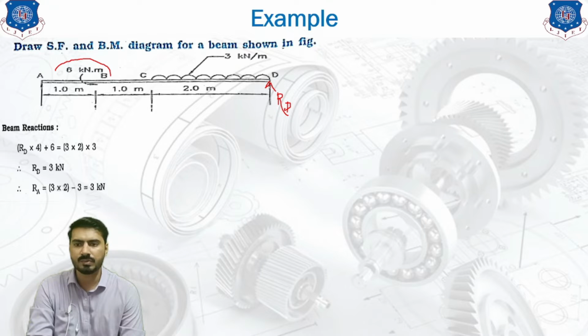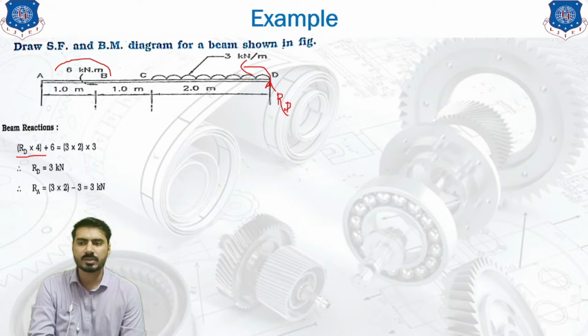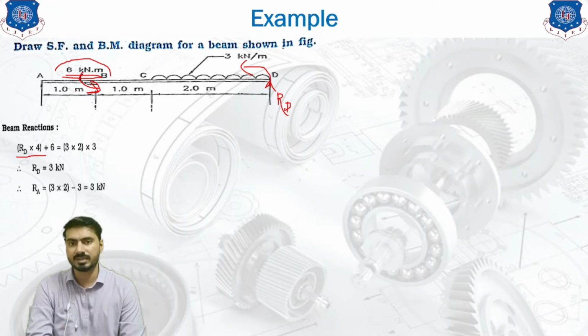That is why it will create an anti-clockwise moment, and that is why the anti-clockwise moment is taken like this. Another anti-clockwise moment is this free moment. This is our 6 kilonewton into meter, and the direction is represented in your diagram like this. So this arrow indicates that it is going in the anti-clockwise direction.